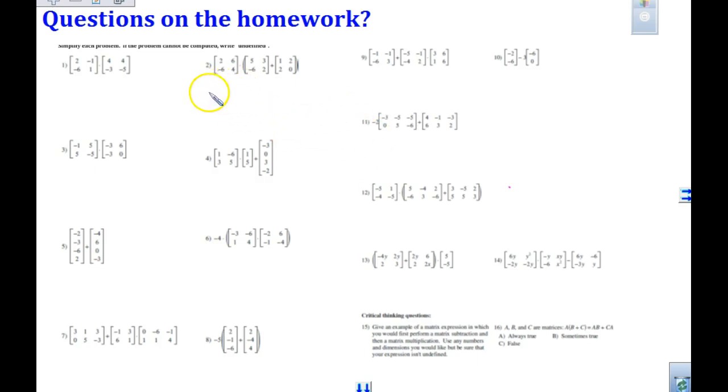So when you take a look at, let's go to number 12. Number 12, the question is, can we do this? We have a 2 by 3, right? Times, or adding to another 2 by 3. Which means when I do that addition, I'm going to get a 2 by 3. Agree?